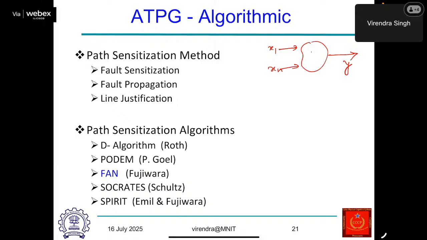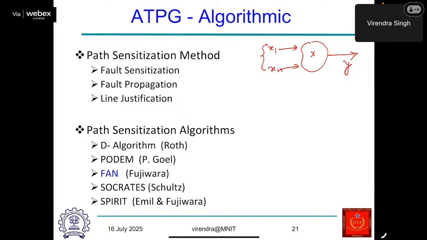Now, there is a fault over here. So first thing, in order to test this particular fault, I want to find out a value of input x1 to xn such that the output for that particular input should be distinguishable, whether I have a faulty circuit or a fault free circuit.